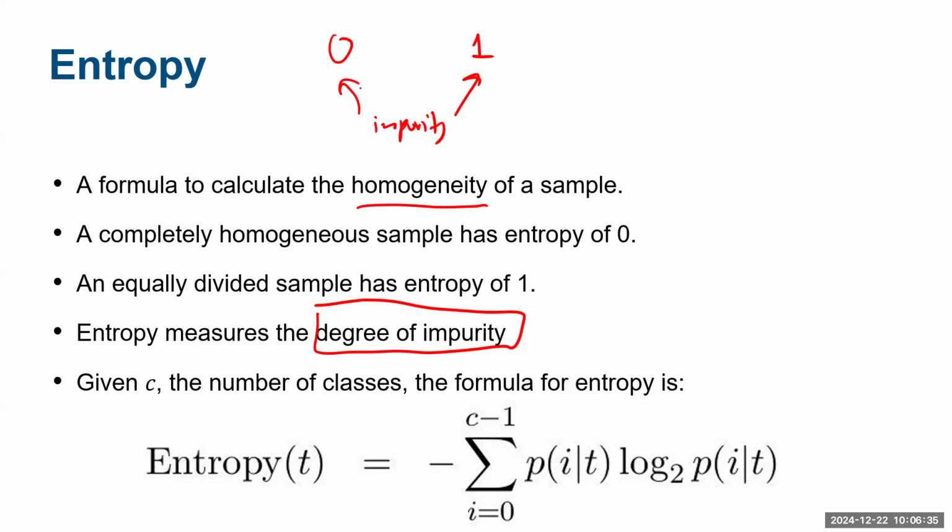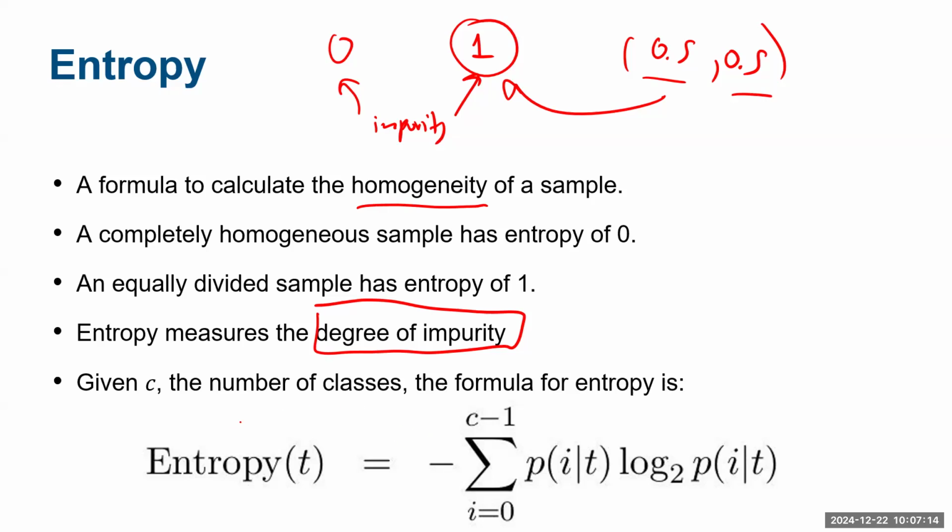So in our case, what distribution should give me the worst possible impurity? Equal, right? If two classes are equal, it's very hard to make a prediction. So if it's 0.5, 0.5, it should give you an impurity of 1.